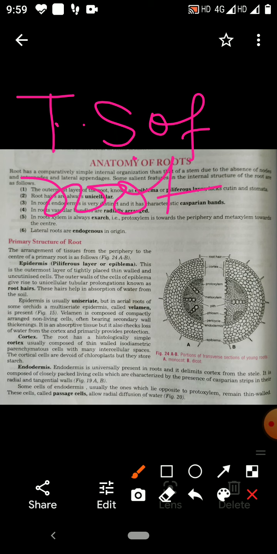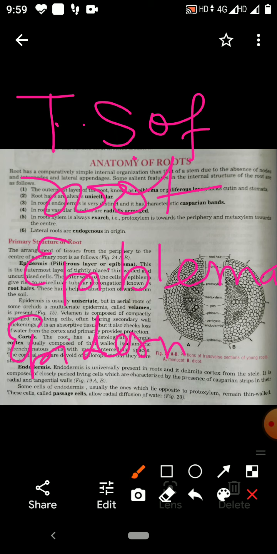So when you are taking the TS of root, there is an outermost layer. This outermost layer is called epiblema, that is epidermis. It is the outermost layer.